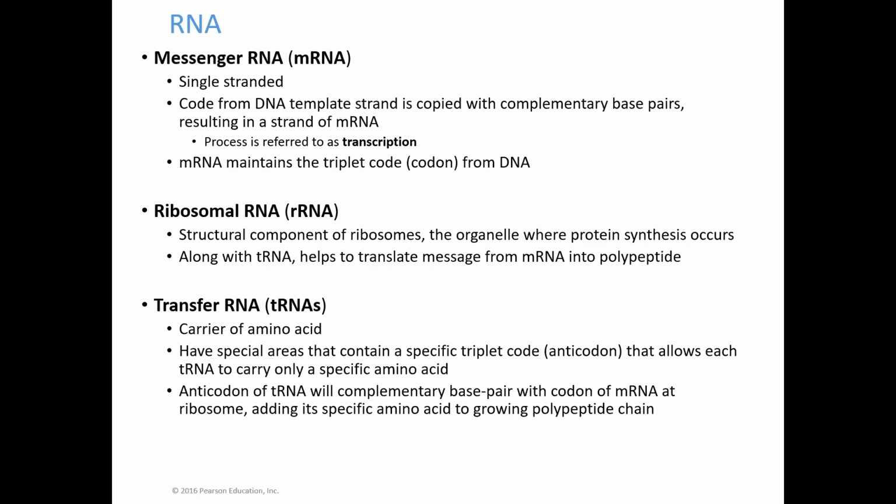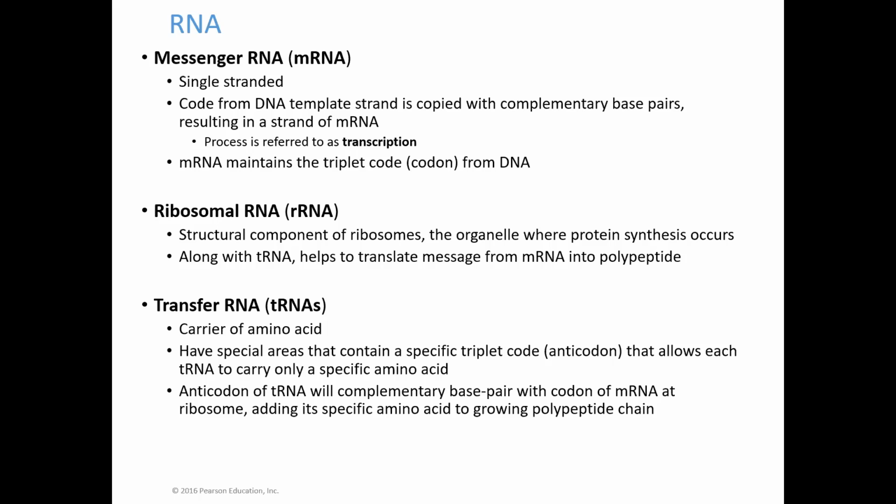And then ribosomal RNA, as I said, is going to create the structure of the ribosomes. The transfer RNA brings the amino acids in the order that they're specified to the ribosome.